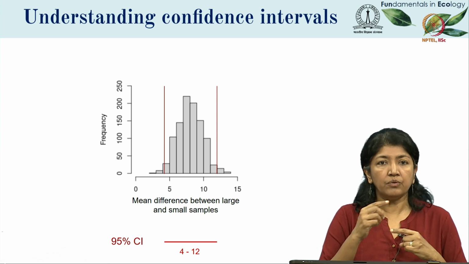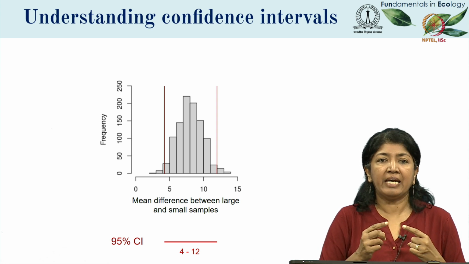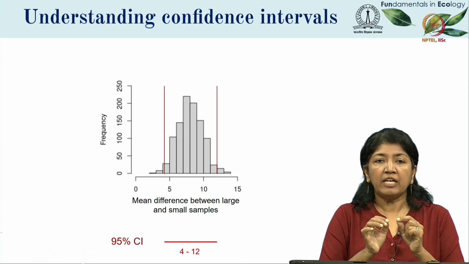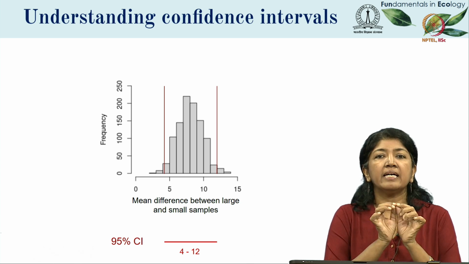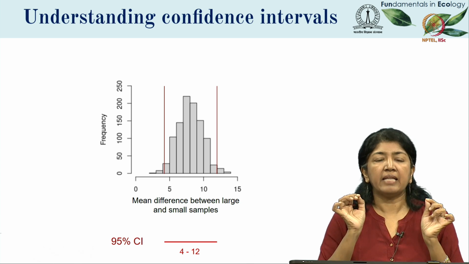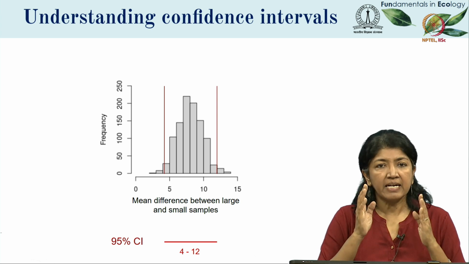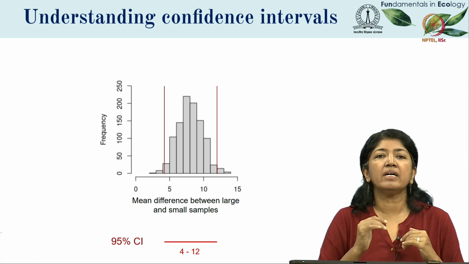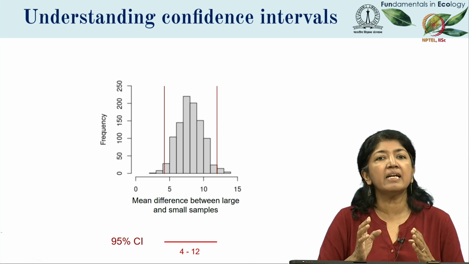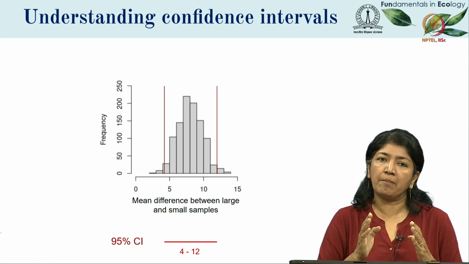So, just to recap here, the 95% confidence interval is the interval that covers the central 95% of the area under the curve or the central 95% of your sampling distribution.